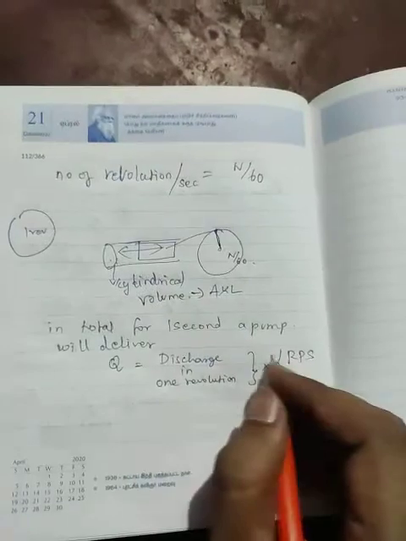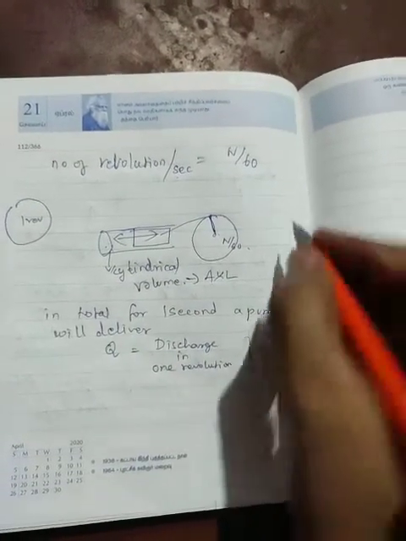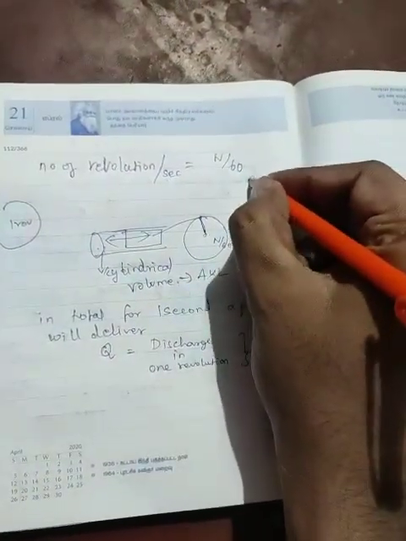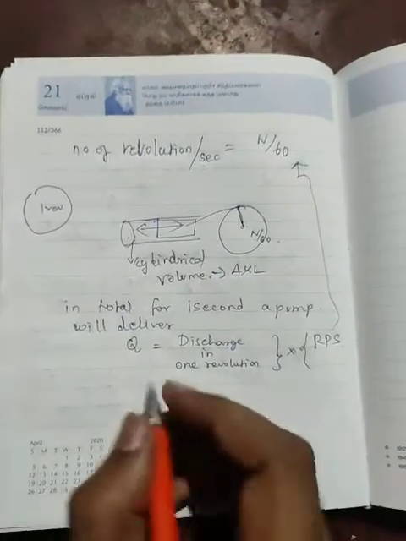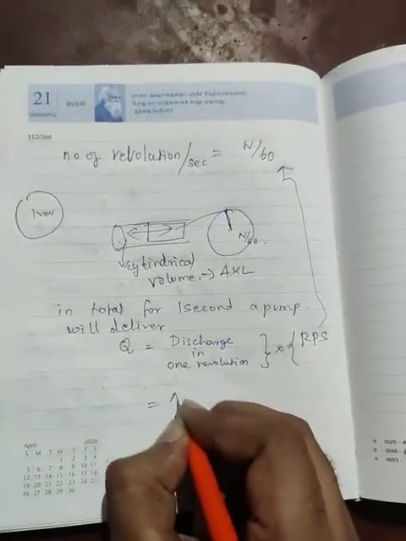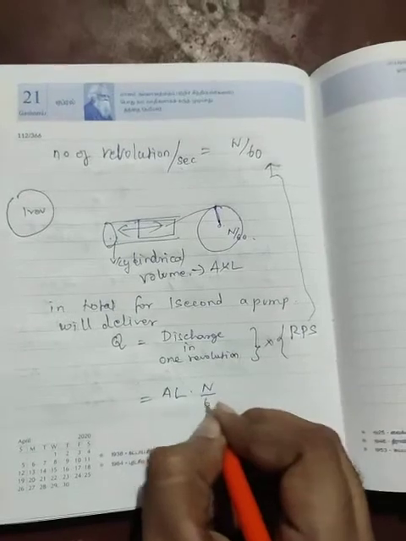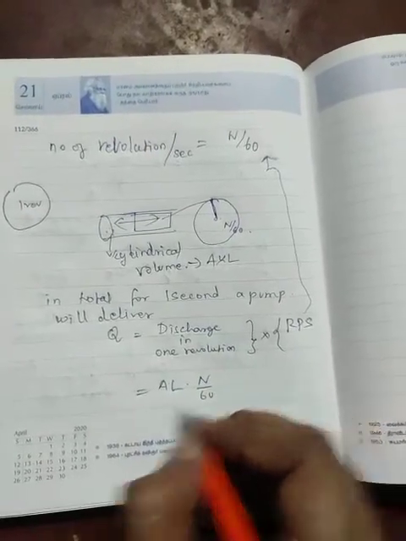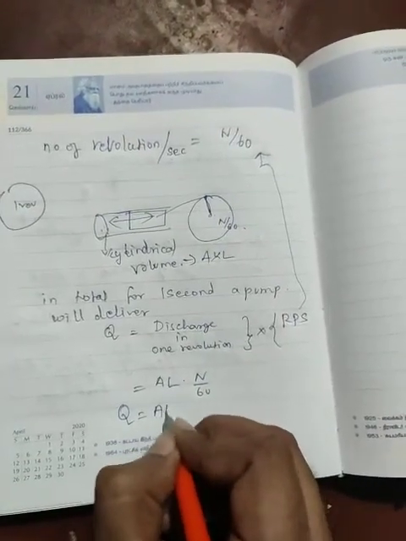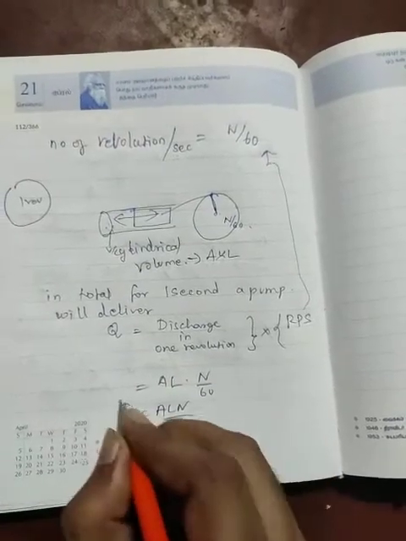So finally, the discharge, the volumetric flow rate Q will be equal to ALN divided by 60, where A is area, L is stroke length, N is RPM. The unit for Q is meter cube per second.